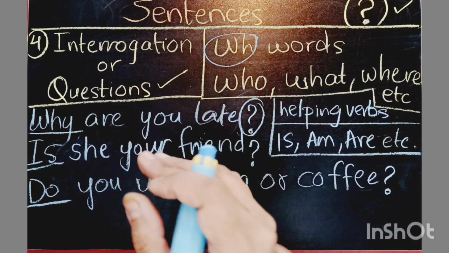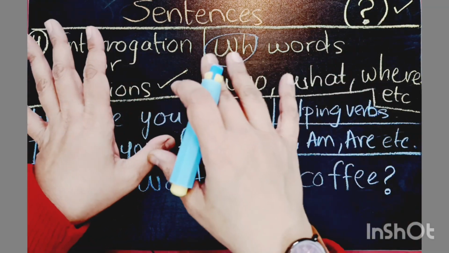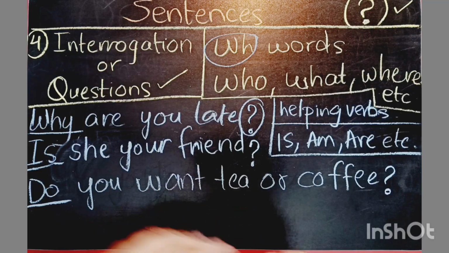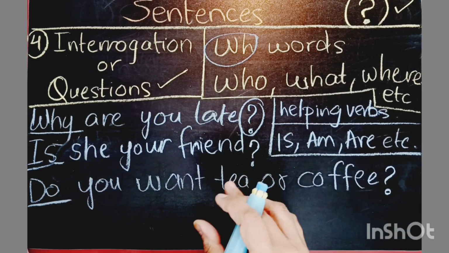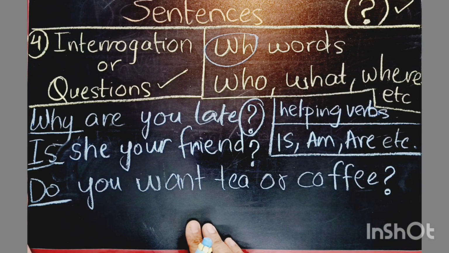So, why did I use do over here in this sentence? It is polite, social, and inquiry driven to determine a person's preferences, okay, or the choices between two drinks, hot drinks that are tea or coffee.